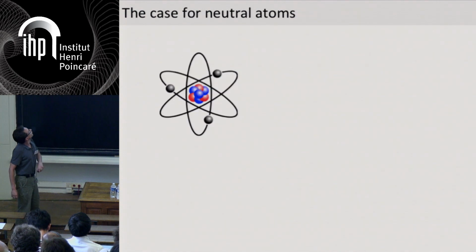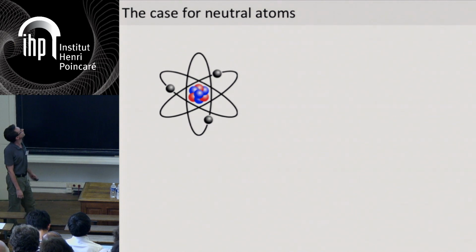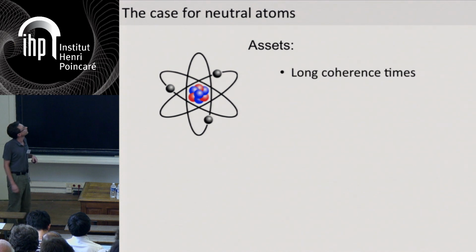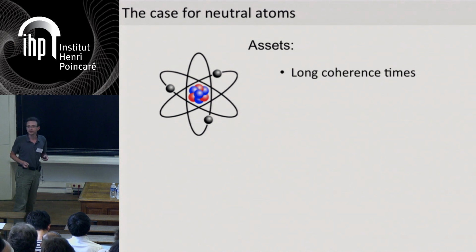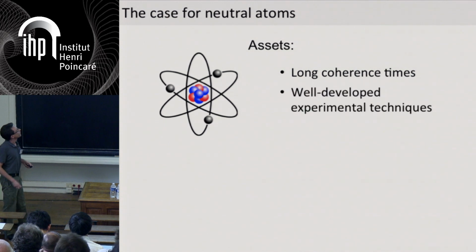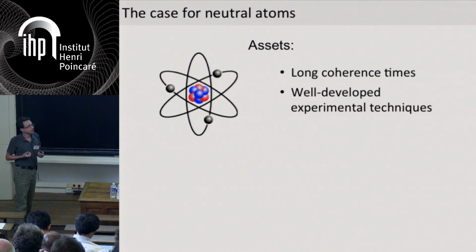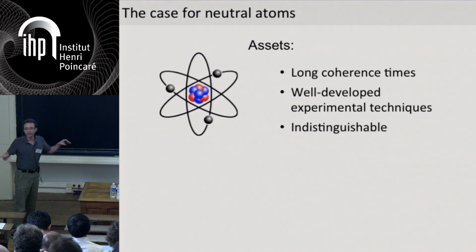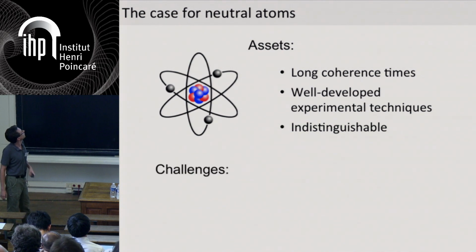Right, and today I'm going to advocate for neutral atoms as a nice candidate for building these elementary control systems. Neutral atoms have some obvious assets, such as long coherence times. Think about atomic clocks, for example. They are relatively easy to manipulate thanks to the well-developed toolbox of AMO physics, and they're intrinsically indistinguishable, which is a strong asset in this context.